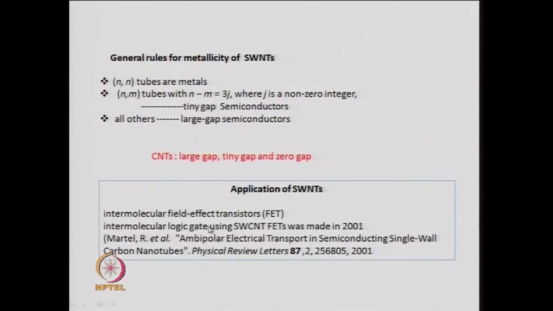The intermolecular logic gate using single walled carbon nanotubes was made in 2001 by IBM, and the details are given in this reference here, where for the first time carbon nanotubes were used to form an FET, which is a very important part of the electronic industry. Now, this has tremendous implications for making very small chips using carbon nanotubes.